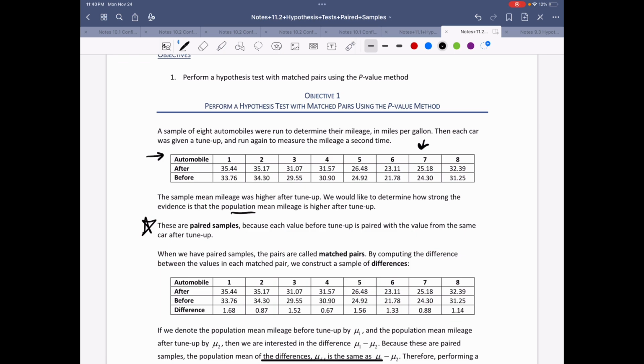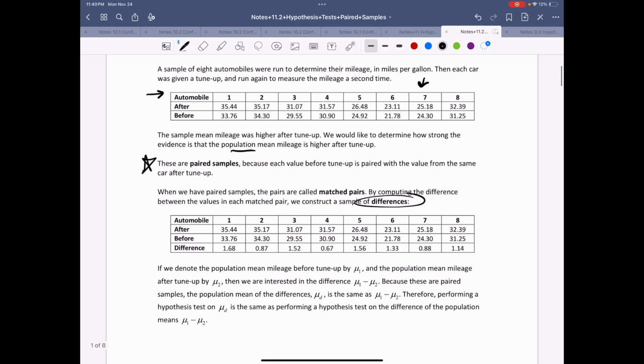By computing the difference between the values in each matched pair, we construct a sample of differences. If you look at this, what they've done with the after and the befores is they've just subtracted them and found the differences. And it says if we denote the population mean mileage before tune-up by mu1 and the population mean mileage after tune-up by mu2, then we are interested in the difference.